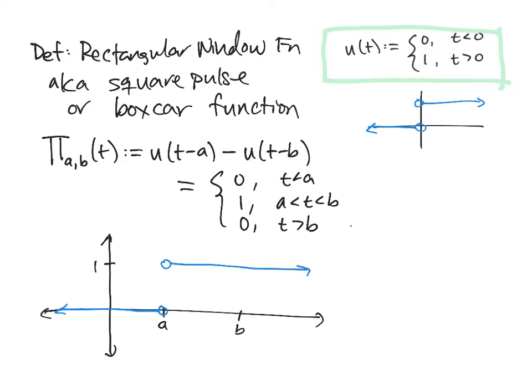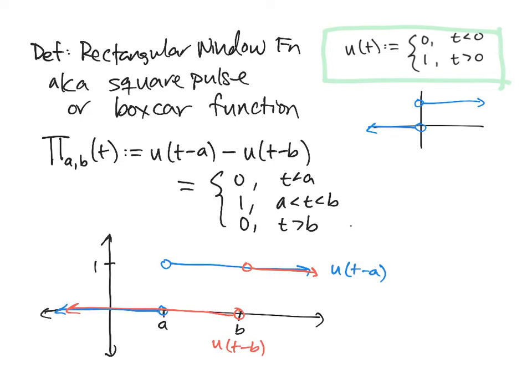Okay, so this one is u of t minus a. Now in red, we'll do u of t minus b, which looks like this. So this red one is u of t minus b.